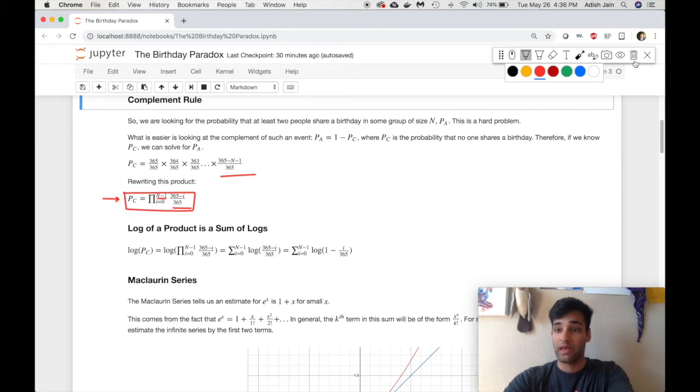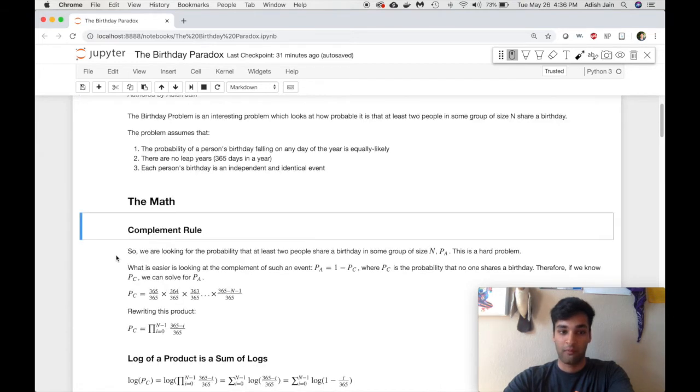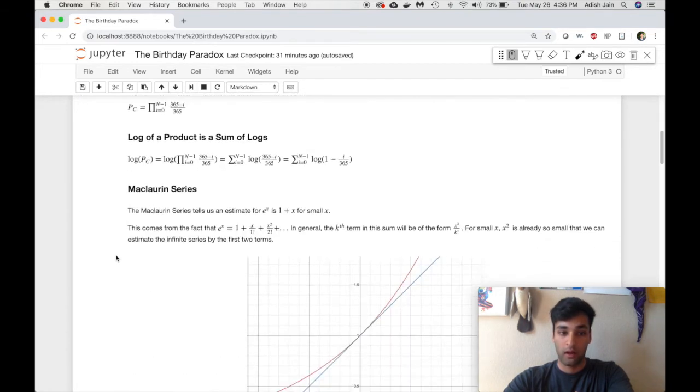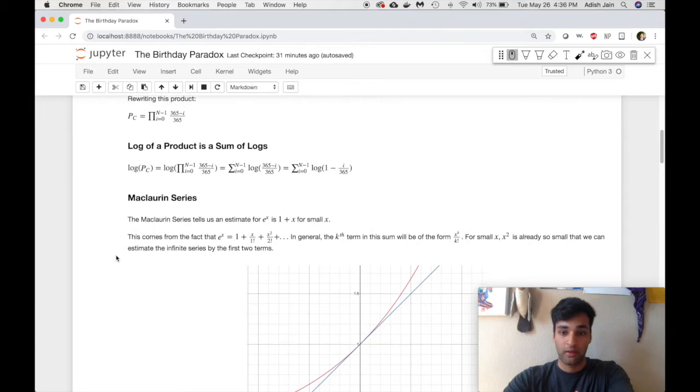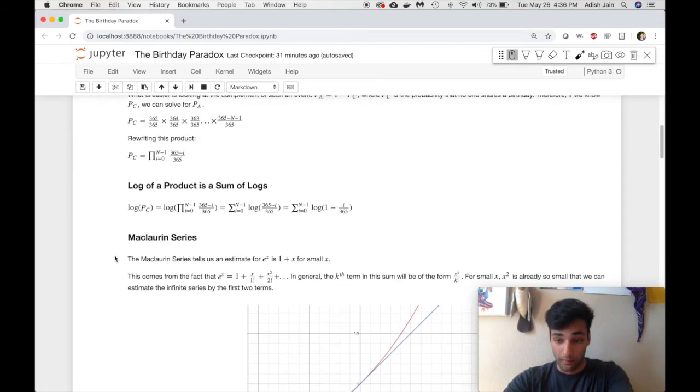So now we have an equation for P of C, but what can we do with this, right? This looks rather gnarly. So what are we going to be able to do with this, right? The first little trick we're going to use is the fact that when we take a log of a product, what we actually get is a sum of logs, okay?